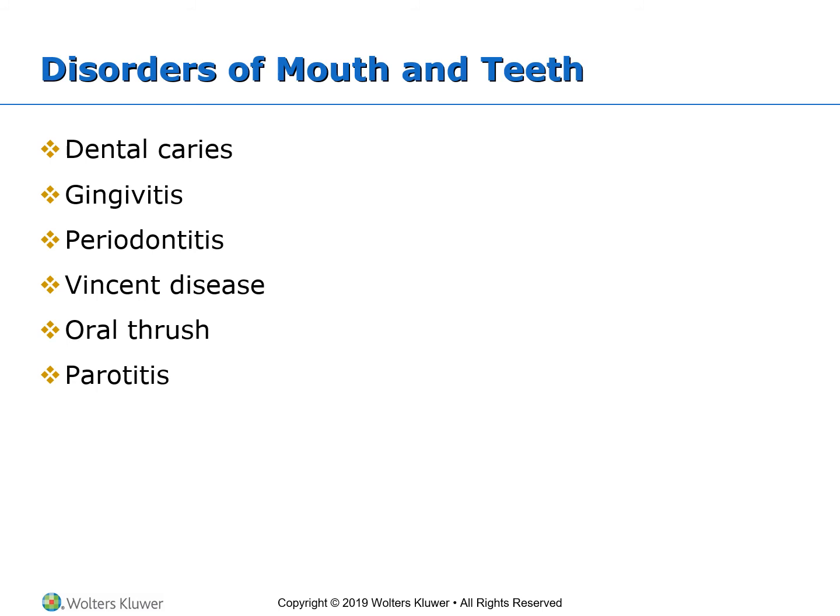An infection with Candida albicans, which is a fungus or yeast, will result in a condition that is called oral thrush. When we examine the patient, we'll see creamy white lesions that will cover the tongue and the oral mucosa. When you try to remove them, the oral mucosa easily bleeds. The treatment is with antifungals, and it's very easy.